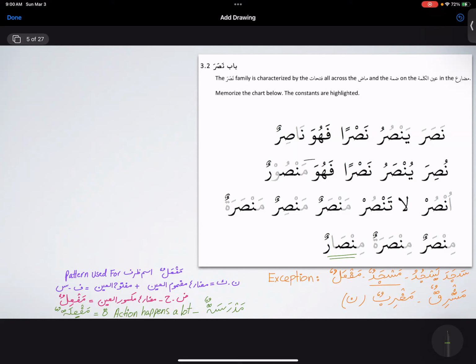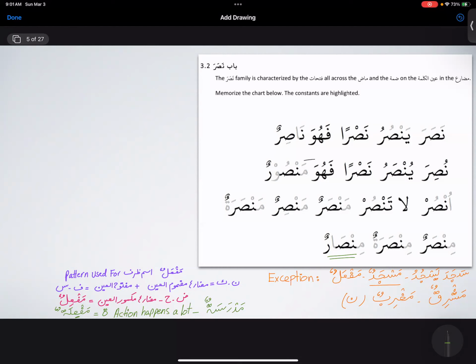So let's say if you help someone with money, this money could be Minsarun. Or you helped someone with, think of some example. Anything that you helped someone with, that would be the ala, the tool.